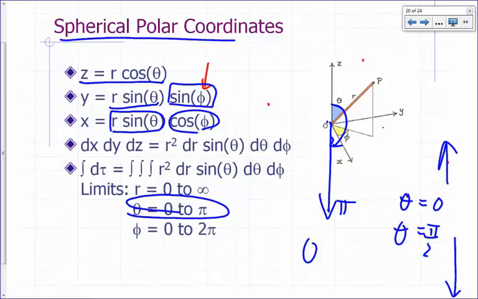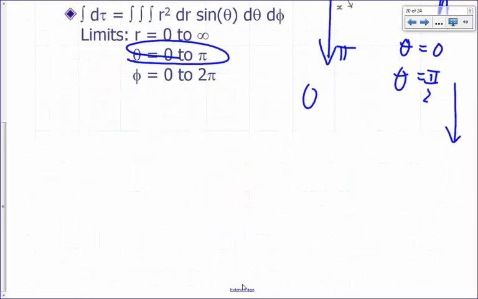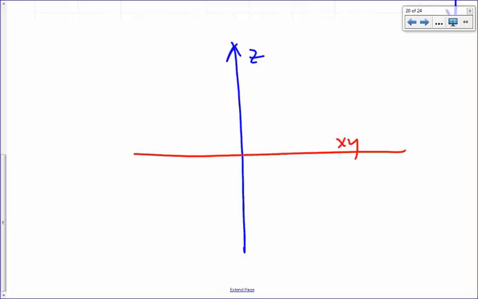What is theta for a point on the xy plane? Look at it from the side. So if you look at it this way, here's your z-axis, this is your xy plane. You're looking at it from the side. What is theta for any point on the xy plane?